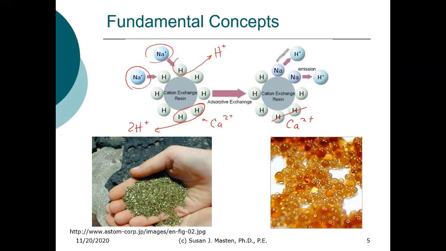These reactions can occur on a synthetic polymeric material, like you see on the right-hand side. So these are polymeric beads. They can also be a zeolite material. So this is a naturally occurring material. This is ground here.